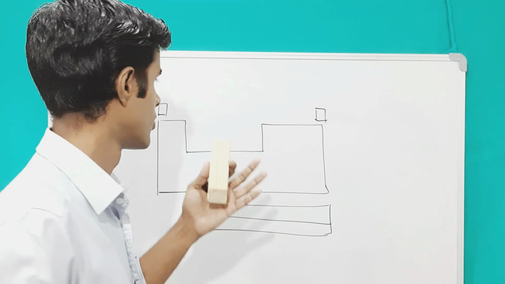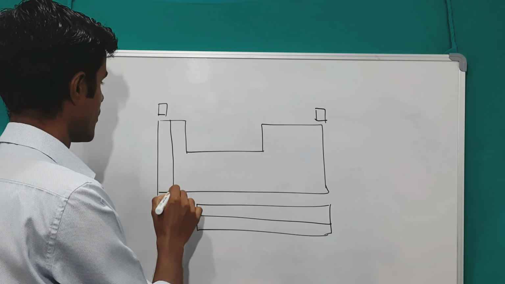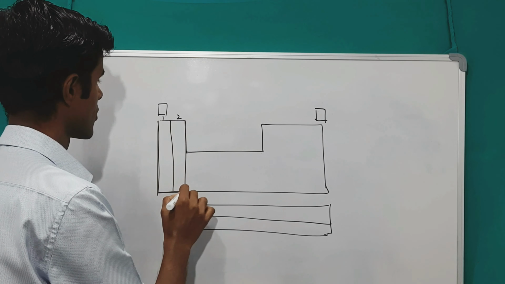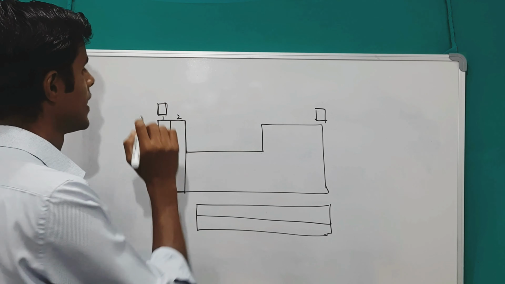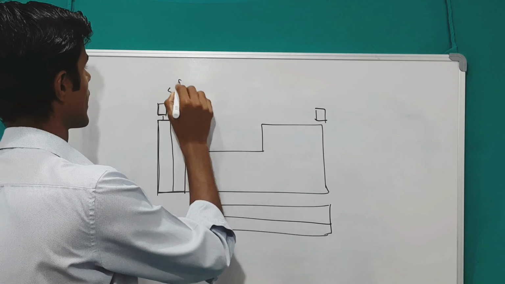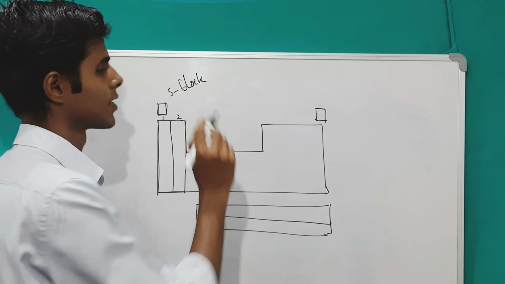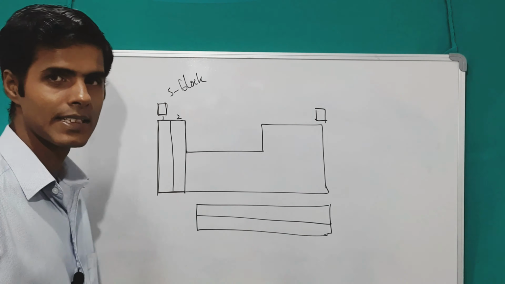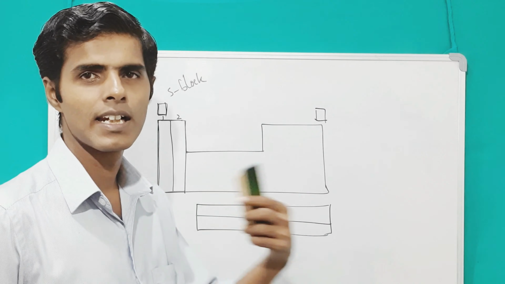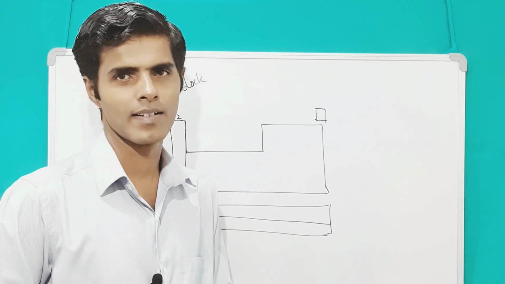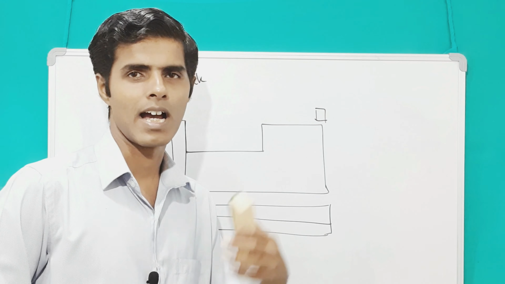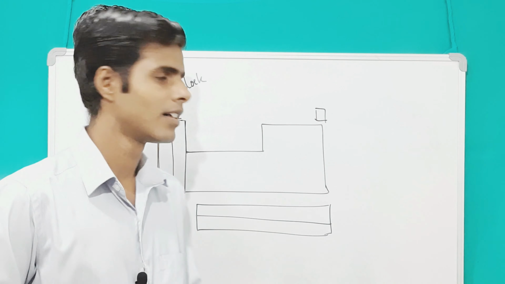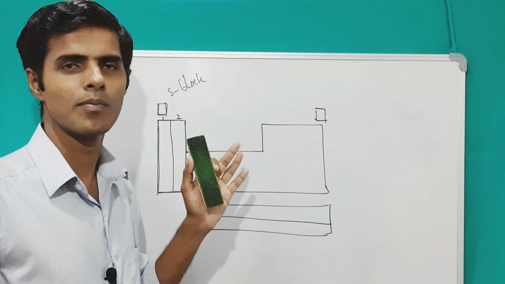The first and second group elements, including hydrogen, come under S block elements, since their outermost shell contains the S subshell, or we can say that the last electron is arranged in the S subshell of these first and second group elements.